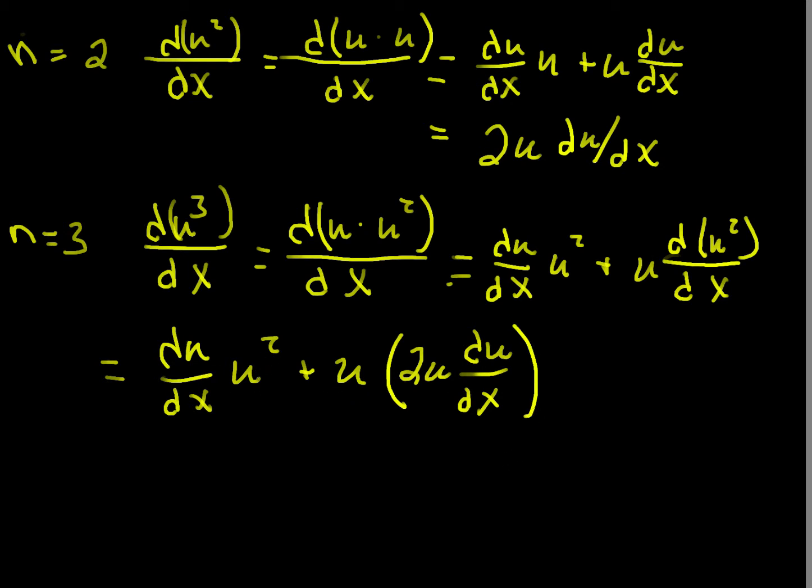Now, I've got a u squared here, and when I add this 2u squared, this becomes 3u squared du/dx. Just like the pattern said in the theorem, that 3, my exponent, becomes my coefficient, and the degree of my function goes down by 1.